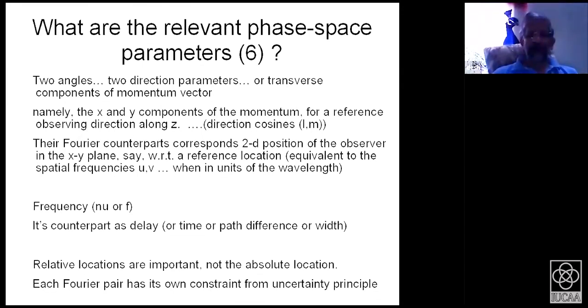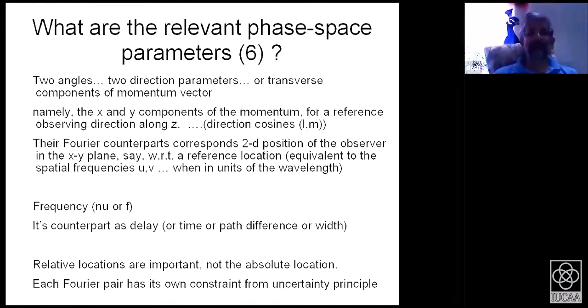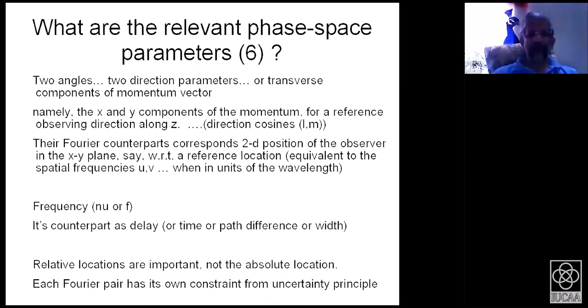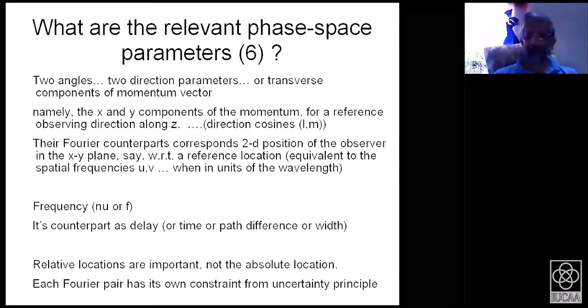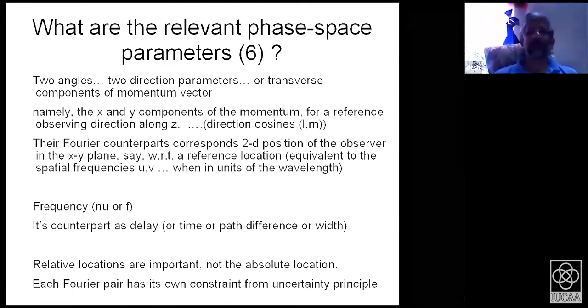You will find that each one of these pairs, Fourier pairs that I mentioned, even the momentum component in the x direction and the x separation in the observer's plane, are the pairs which will relate to each other. And they will have their own constraints in terms of uncertainty principle, in terms of the ambiguities or the accuracy with which simultaneous definitions can be given for the pair.